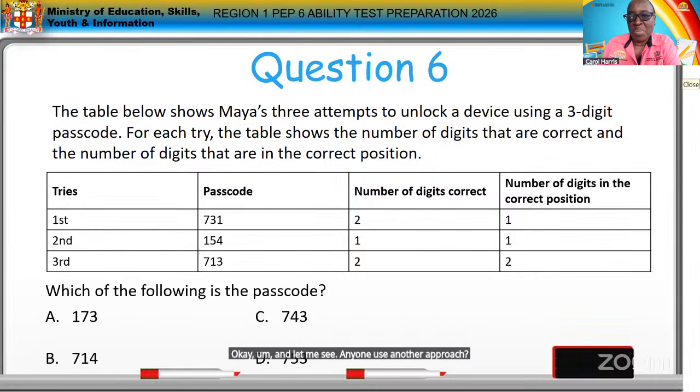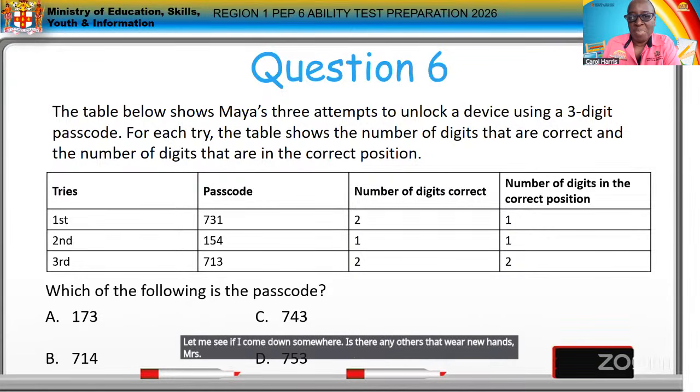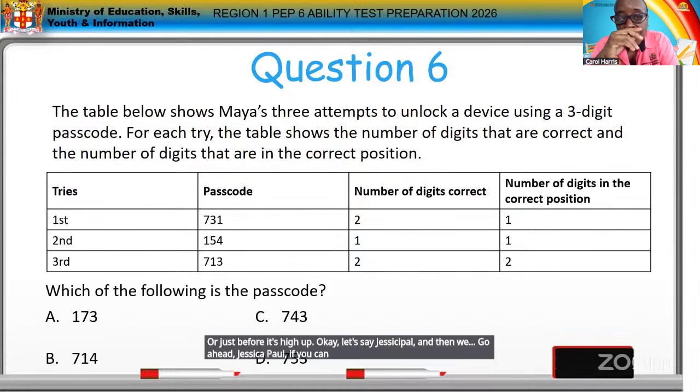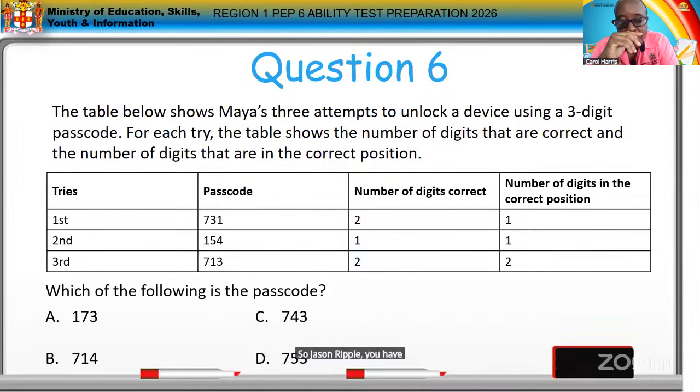Let me see if we come down some more. Are there any others that were new hands, Mrs. Paulette Barrett? Is that Mountain View Primary? Perhaps we could hear from Jesse Ripoll. Their hand is raised high. Okay, let's hear Jesse Ripoll. Go ahead, Jesse Ripoll, if you can unmute. You've been given the request to unmute. Kindly do so and speak.